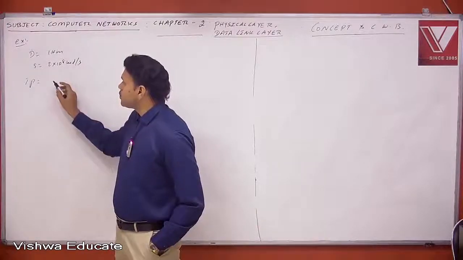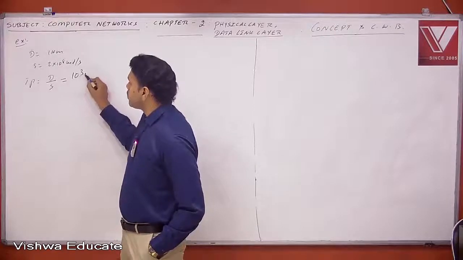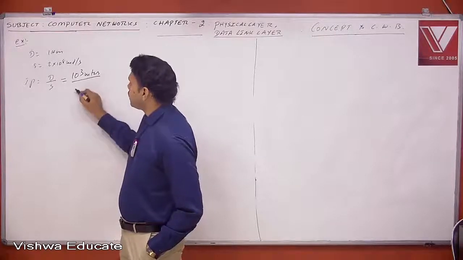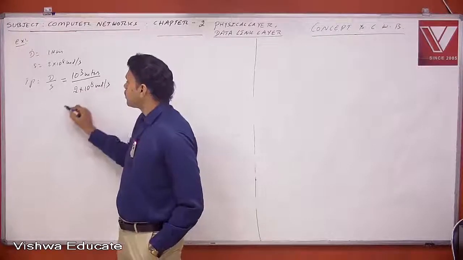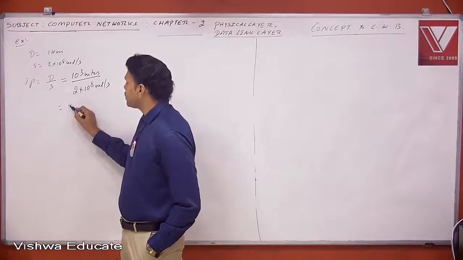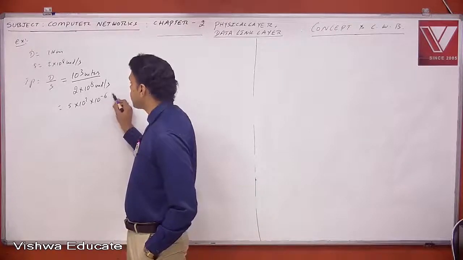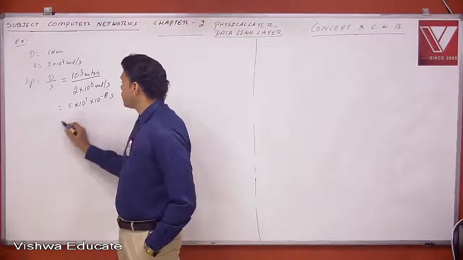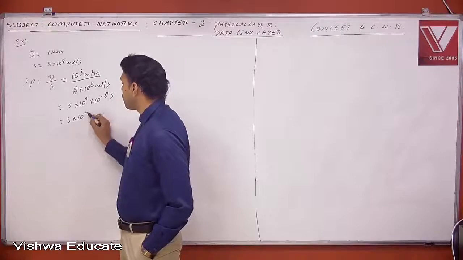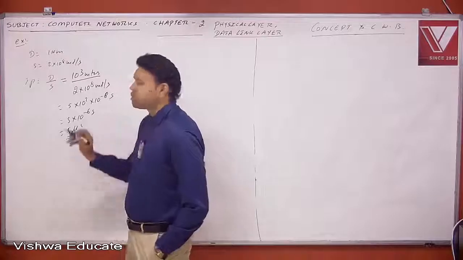Since distance is reduced, TP is nothing but distance by speed, and this is 10 power 3 meters by 2 into 10 power 8 meters per second. So therefore I can say 5 into 10 power 2 into 10 power minus 6 minus 8, that equals 5 into 10 power minus 6 seconds, which is nothing but 5 microseconds.